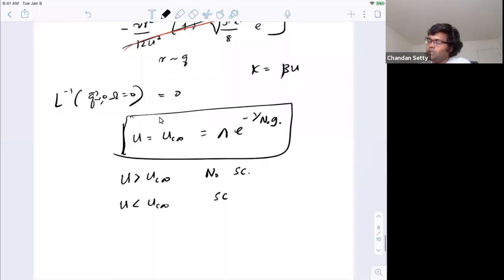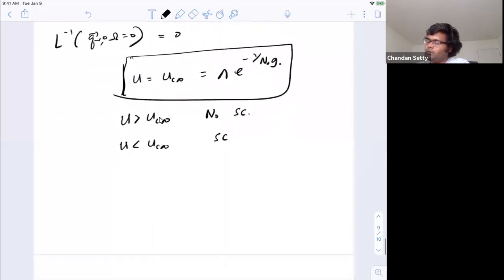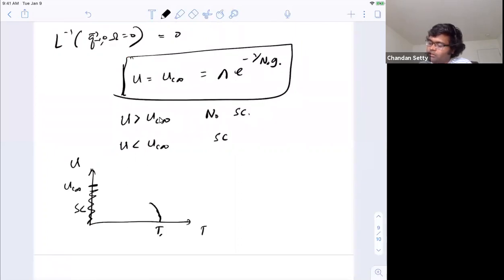Okay. So in other words, if you plot U versus T, there is a critical value UC infinity below which you have a superconductor. You can also solve this in the weak coupling limit, which I'll not show you right now, but you can show that this curve closes and you have a TC0, and this is a weak coupling superconductor.